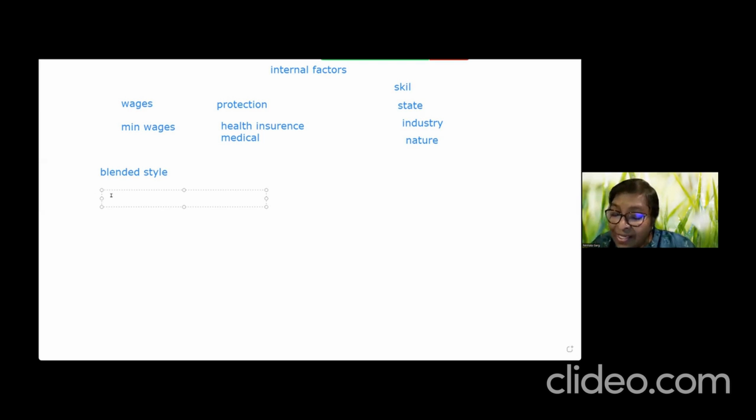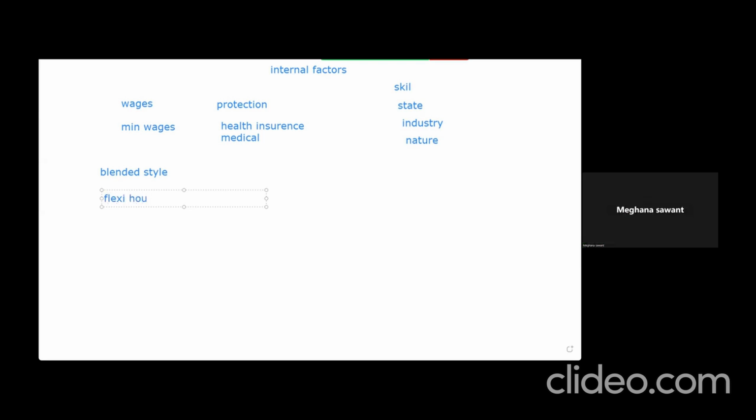So in today's times, what are organizations doing? They're offering flexi hours. They're also supporting higher studies, so that you don't have to actually leave and go for higher studies.